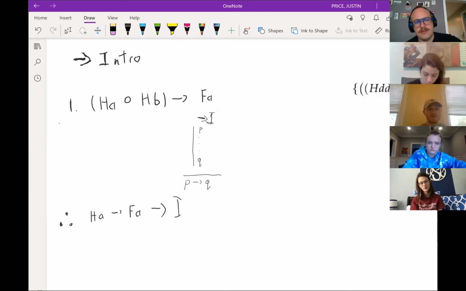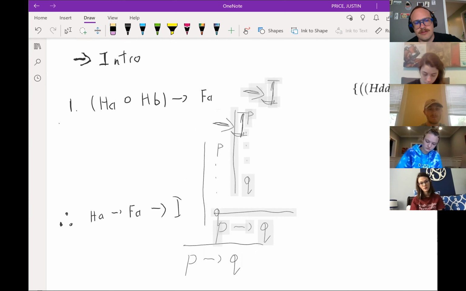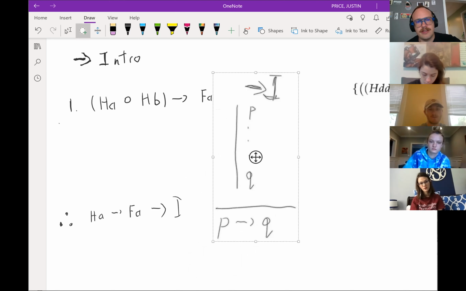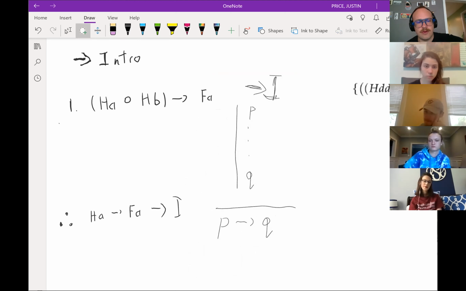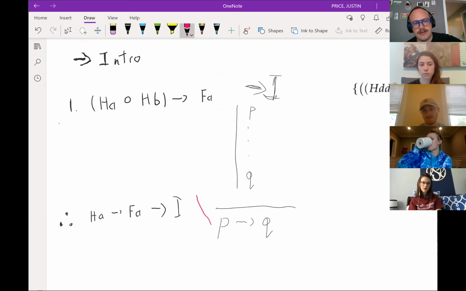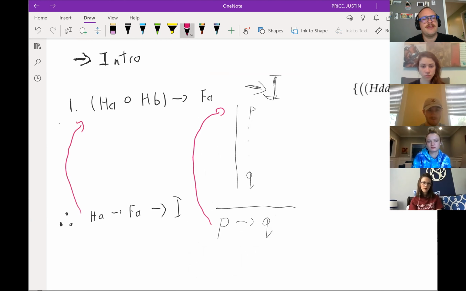You want to visualize this as filling in the requirements you will need. So since HA is the P, or the antecedent, you can start with that as an assumption.